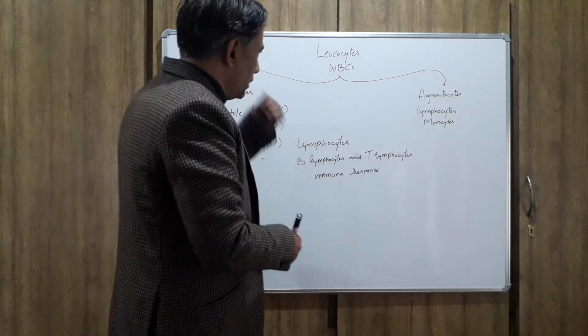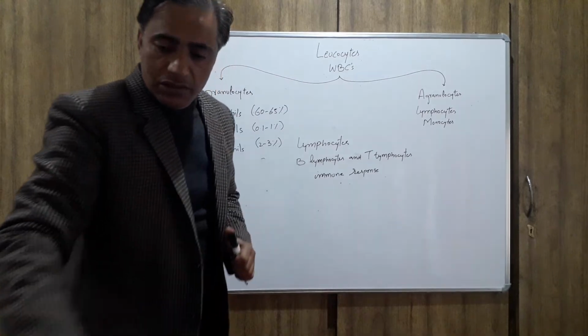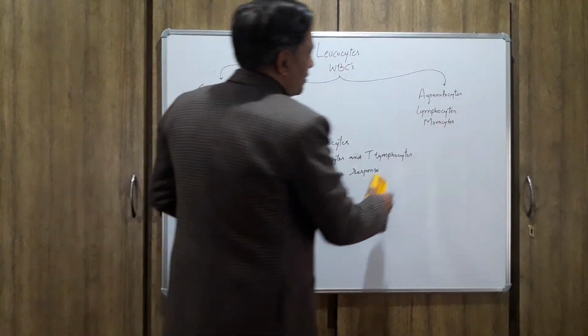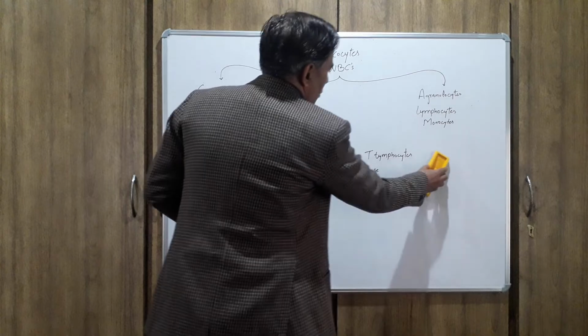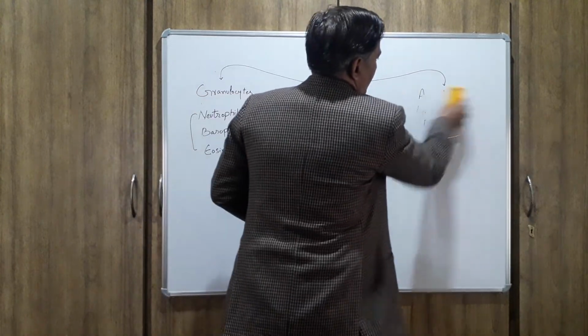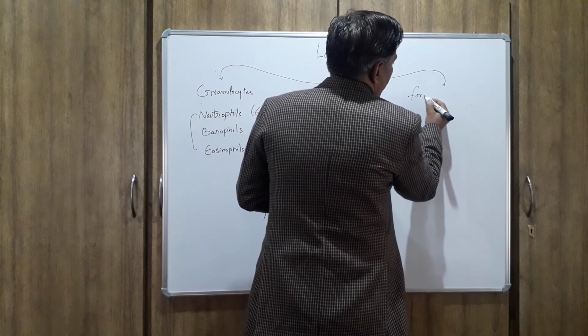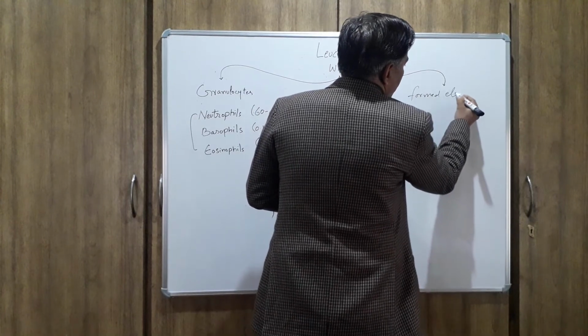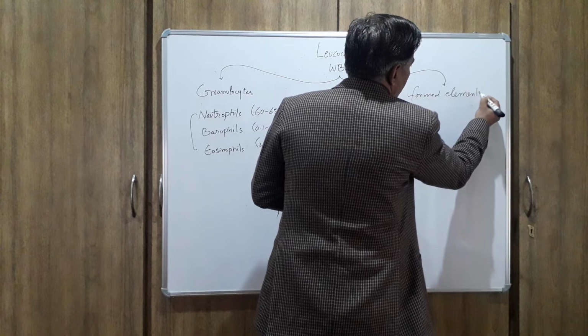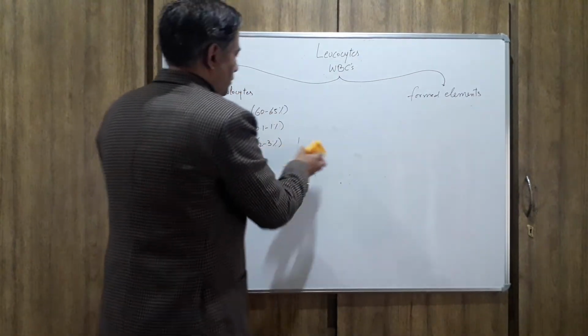Okay, so let's now move to the other type of cells, that is the third type of cells in the formed elements.